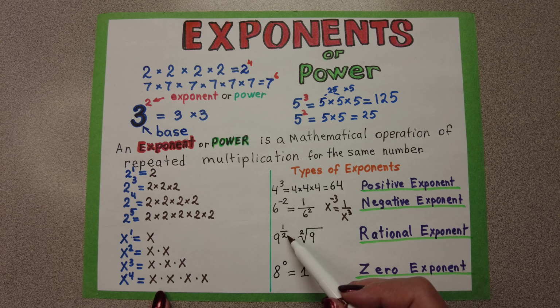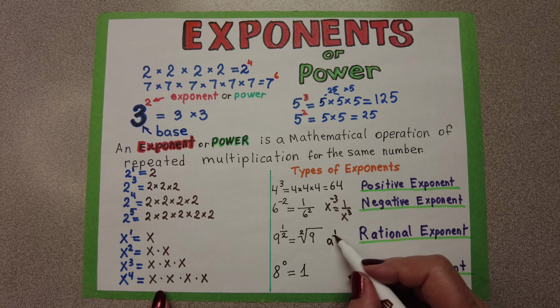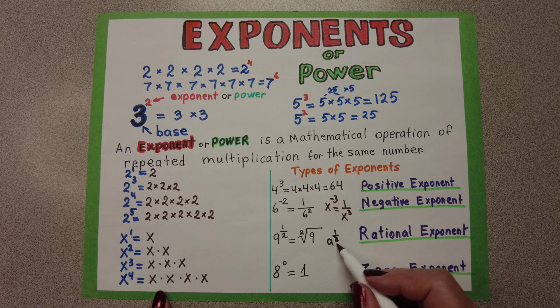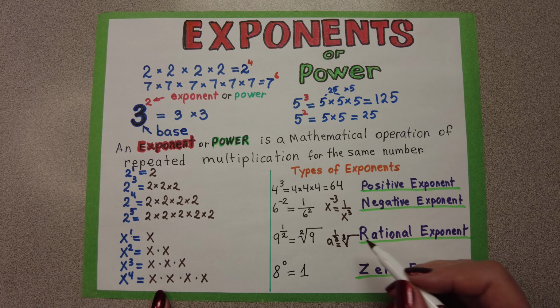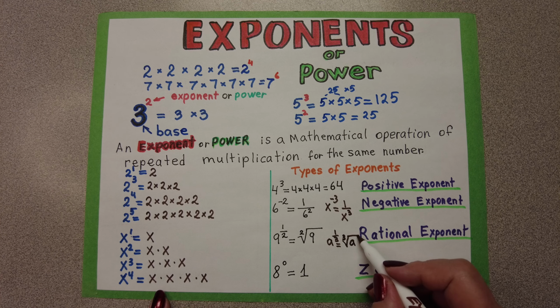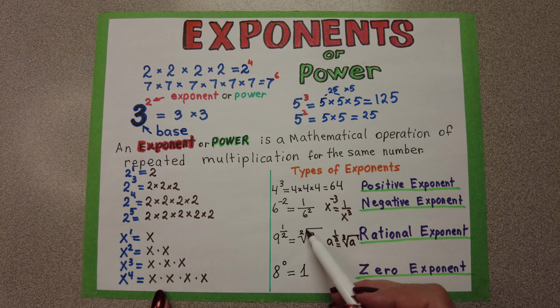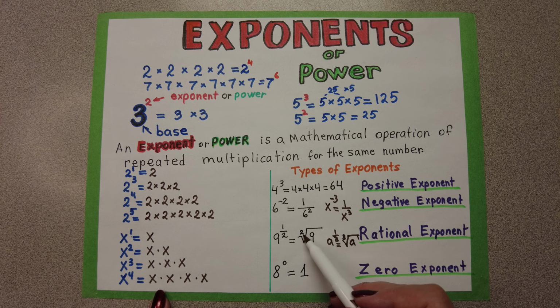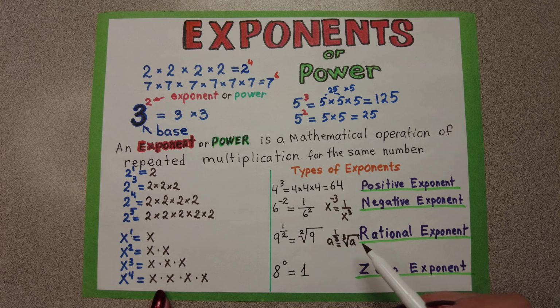If instead of 2, let's say a to the power of 1 over 3, we will write this as the cube root of a. So the denominator goes into the root, and we find out what kind of root it is, square root or cube root.